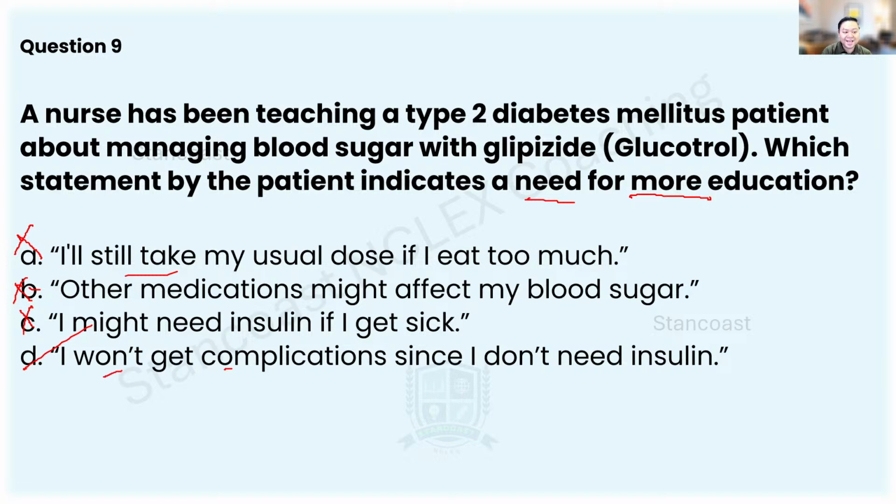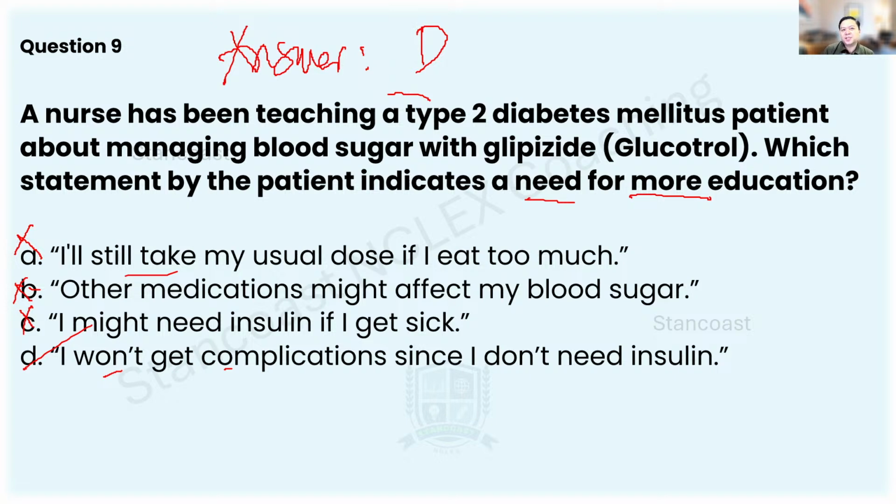I won't get complications since I don't need insulin. Very false statement. The complications from type 2 diabetes can occur regardless of the insulin use, and we know that glucose control is always the key to preventing the complications. All right? Not true. Correct answer is letter D. Very good, guys. Very good.